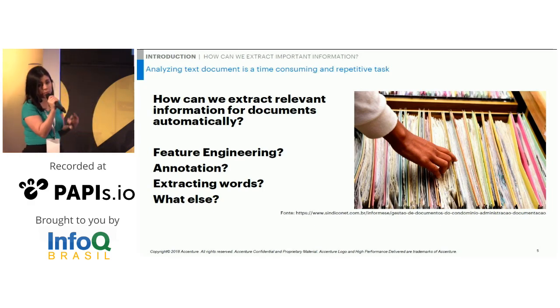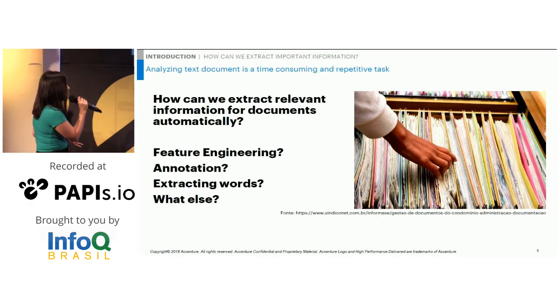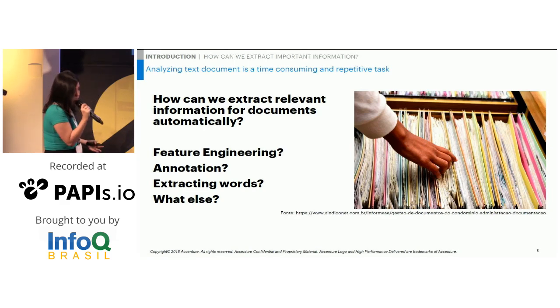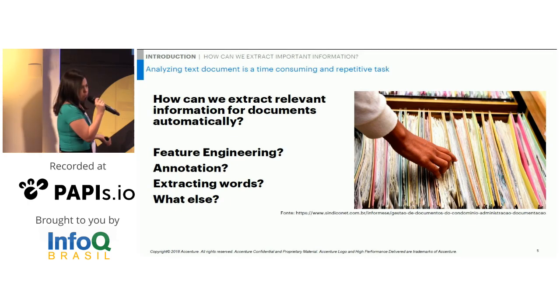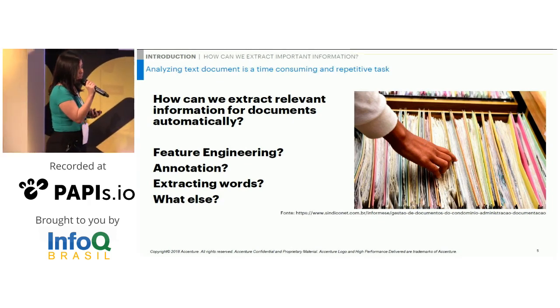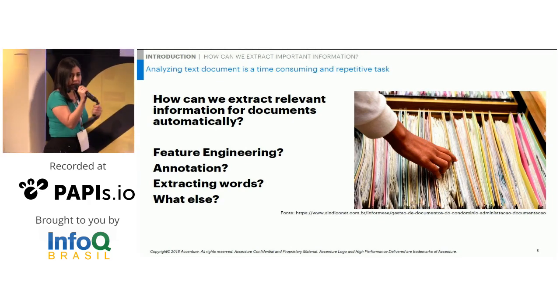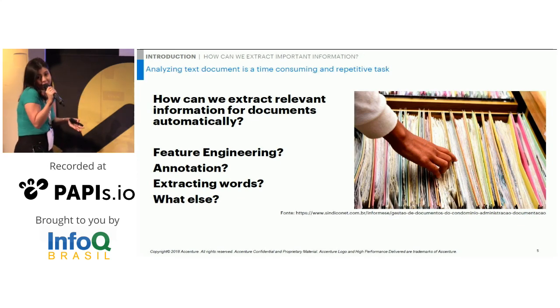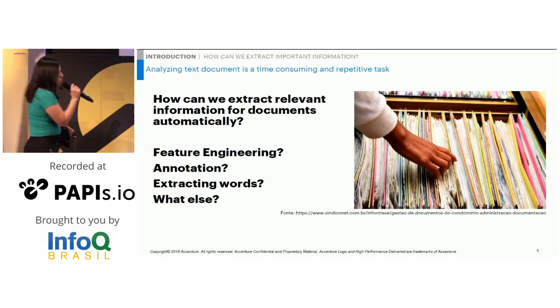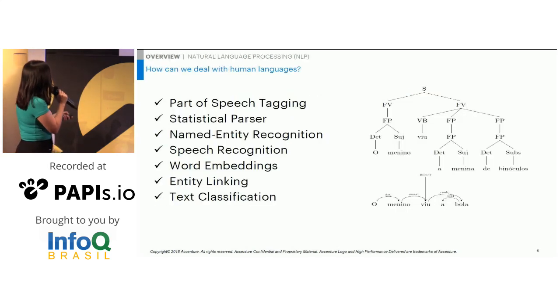We know that documents are mostly written by humans. So we have human language, and this means natural language. We know that natural language is something tricky, it's not just words or extracting words. They have some kind of meaning, and sometimes they are ambiguous, like one sentence can mean two different things. So how can we deal with that?